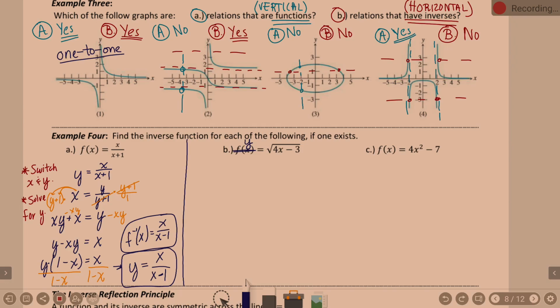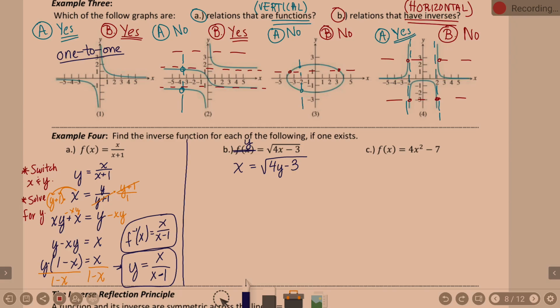Take x and y and switch them. So y equals becomes x equals. Square root of 4x minus 3 becomes square root of 4y minus 3. Okay. My job is to solve for y now.